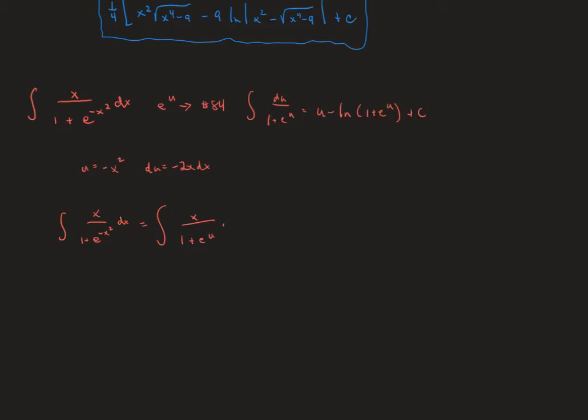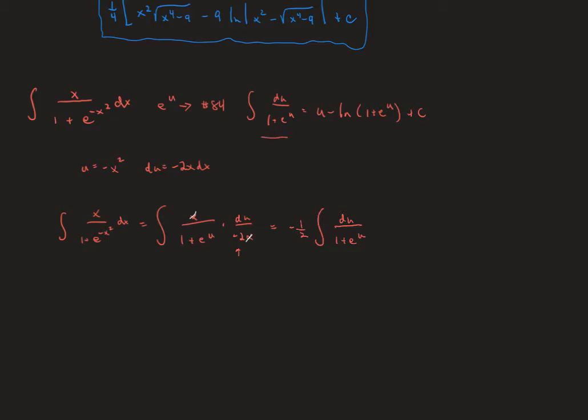The dx is going to get replaced by du over negative 2x. That's going to allow us to account for that extra x that we saw. And so we can pull the negative 1/2 out, and then our integral becomes the du over 1 plus e to the u. That's the match for our formula.